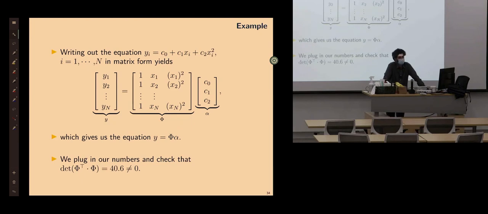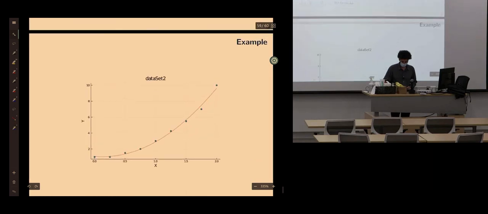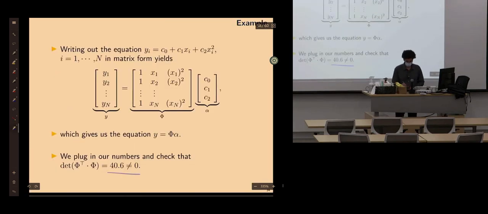Let's check if phi transpose phi is invertible. That's important, right? Otherwise, we will be in trouble. We're safe. The determinant is non-zero. And I'm not writing it here, but you already know that your solution is what? Right?